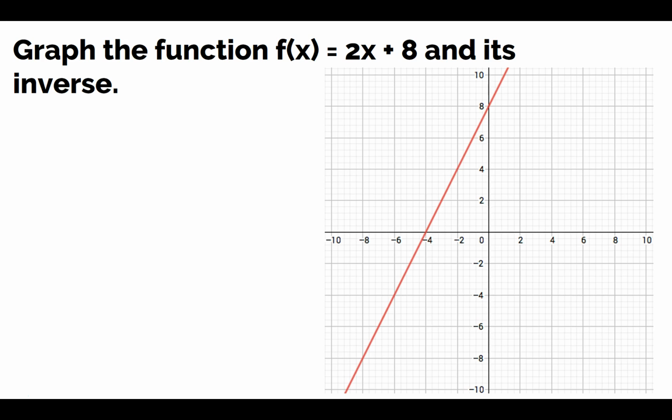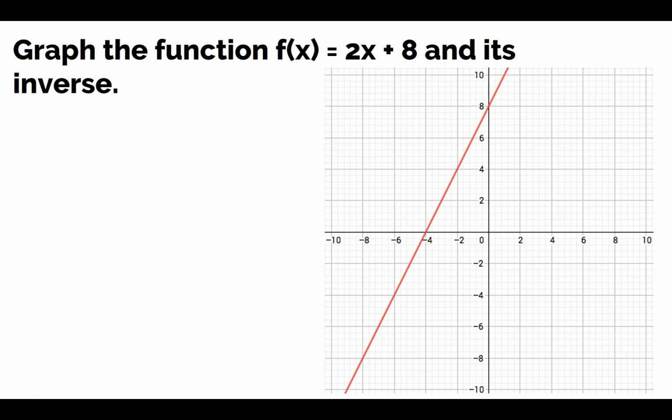So if you plug in -3, what comes out of it? Plug in -2, what comes out of it? 4. Plug in -1, what comes out of it? 6. Plug in 0, what comes out of it? 8. Good.